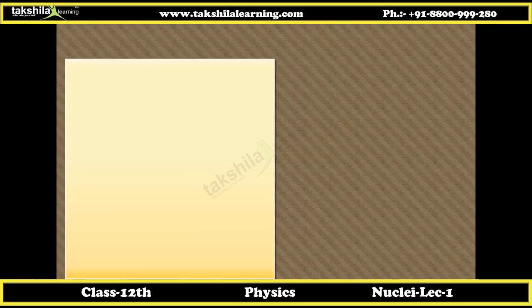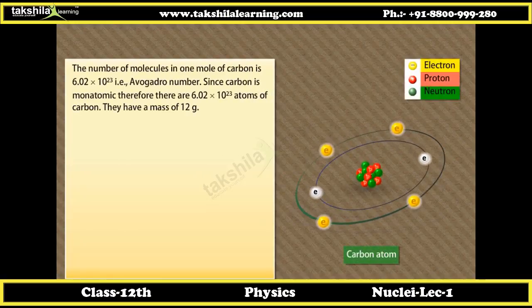Atomic masses and composition of nucleus. The number of molecules in 1 mole of carbon is 6.02 into 10 raised to the power 23. That is Avogadro number. Since carbon is monoatomic, there are 6.02 into 10 raised to the power of 23 atoms of carbon.